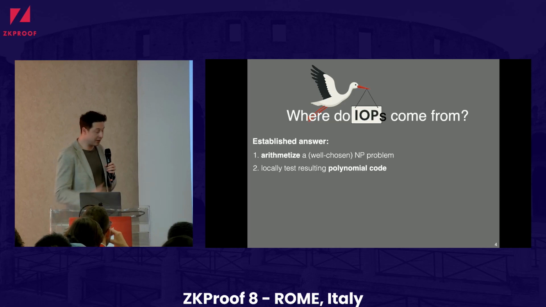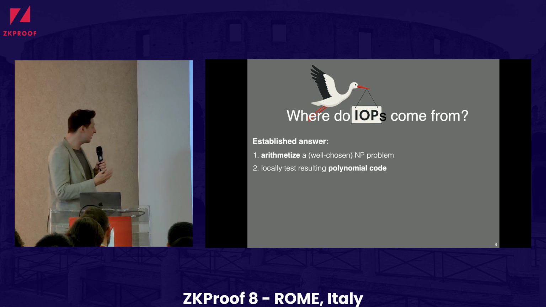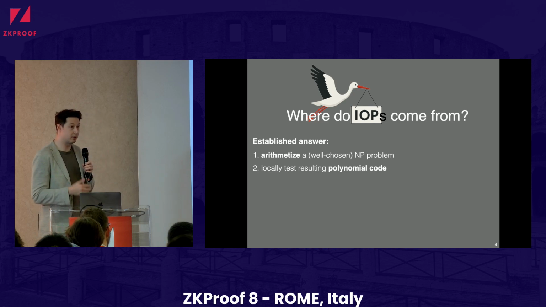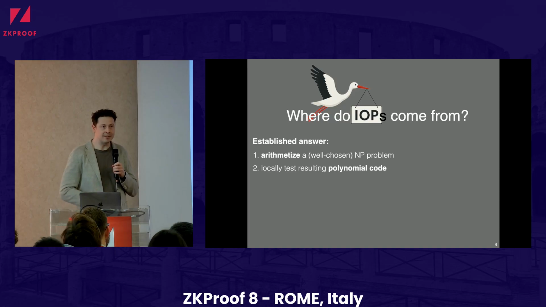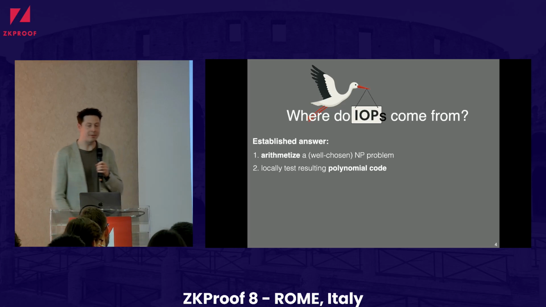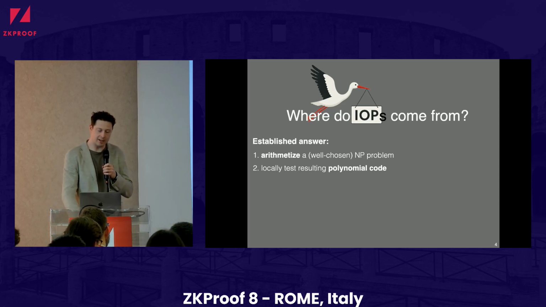And then, having arithmetized it, you locally test a resulting property about a polynomial code. Okay? And to some extent, that's been the case well into the arc of research of IOPs, but I would say that at least at some high level, things look a little bit different today from this established answer.